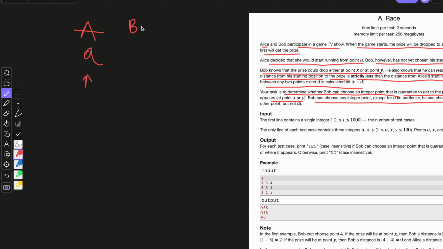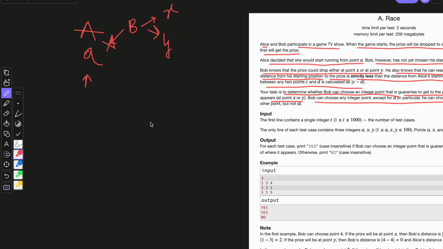Bob has an idea of where the prize might fall. It might fall at X or at Y. So Bob can choose any integral position that is closer to the prize X or Y, but Bob cannot choose A as his position.